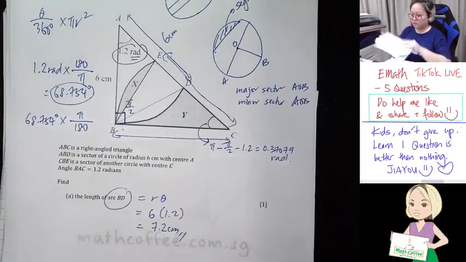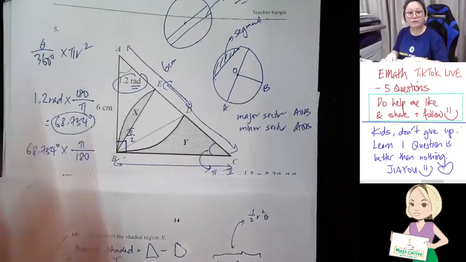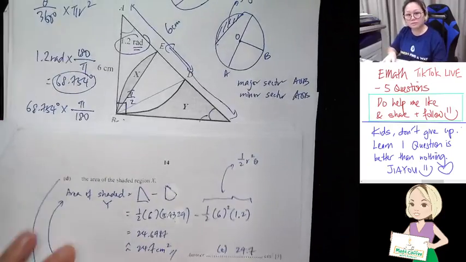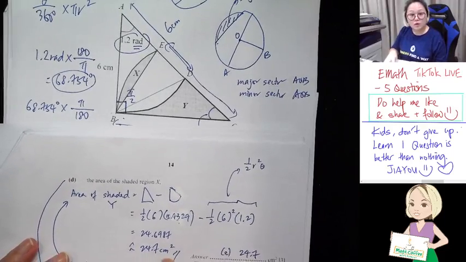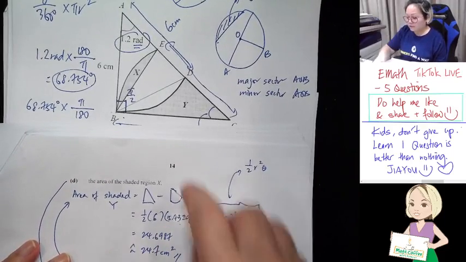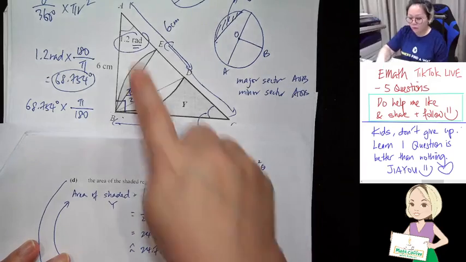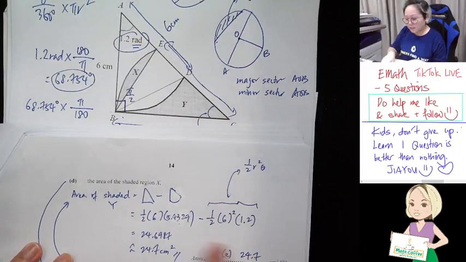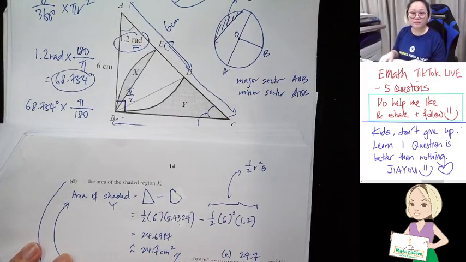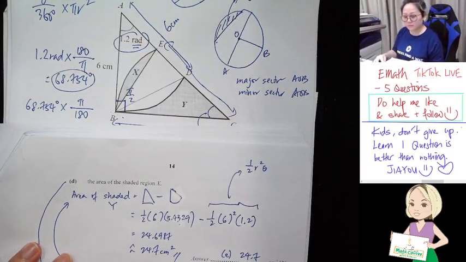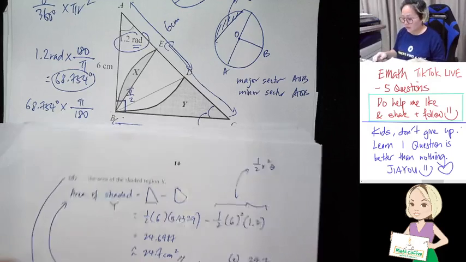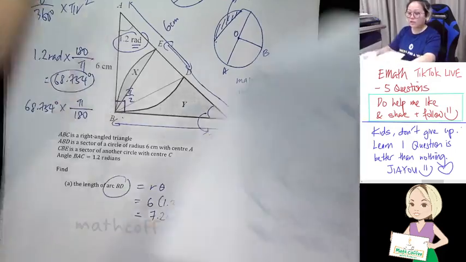So I take minus half, 6 squared, and 1.2. And I get my answer, 24.7. That's the last part of the question.